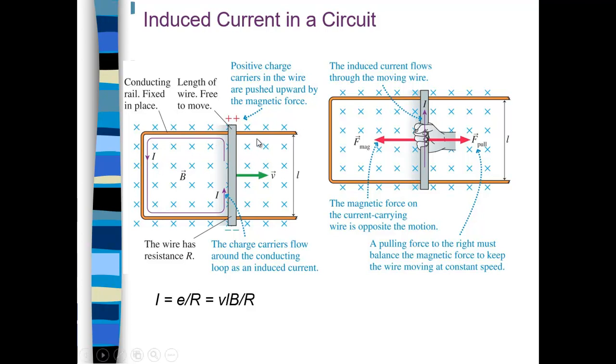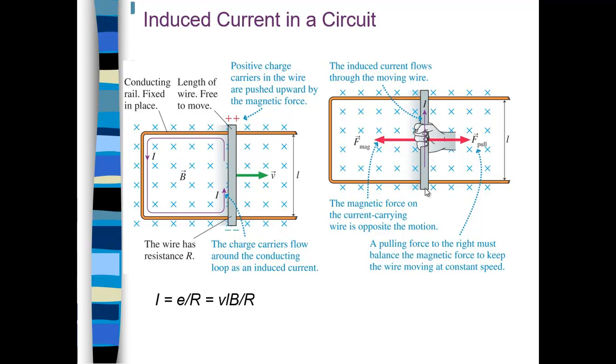Okay, there's a magnetic force that's associated with the current that is opposite the motion, and then there's a force pull, and that force of the pull must maintain a constant speed of this conductor. If it maintains a constant speed of the conductor, then the current will also become constant.